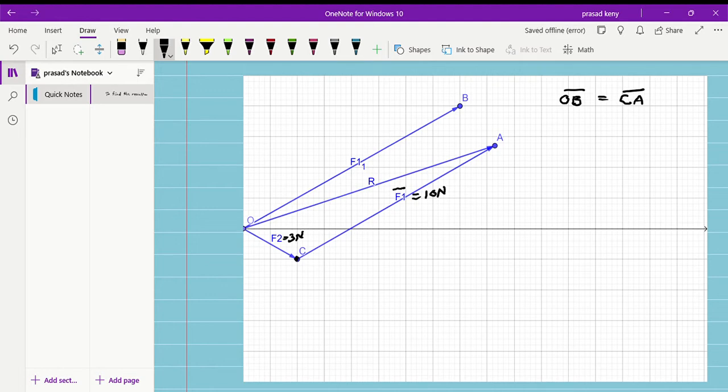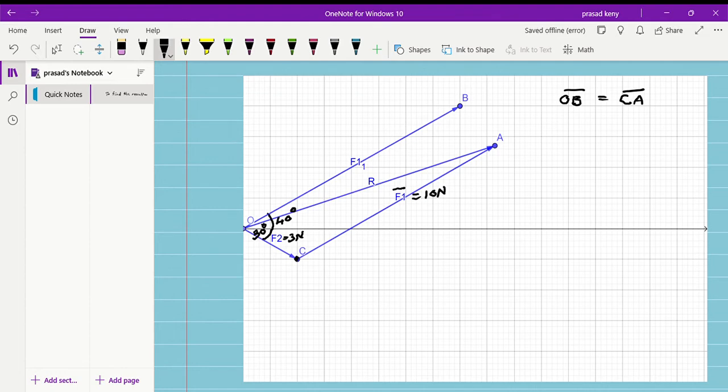Now, here the force of 10 newtons, that is F1, is acting at an angle of 40 degrees to the horizontal and F2 is acting at an angle of 30 degrees to the horizontal.